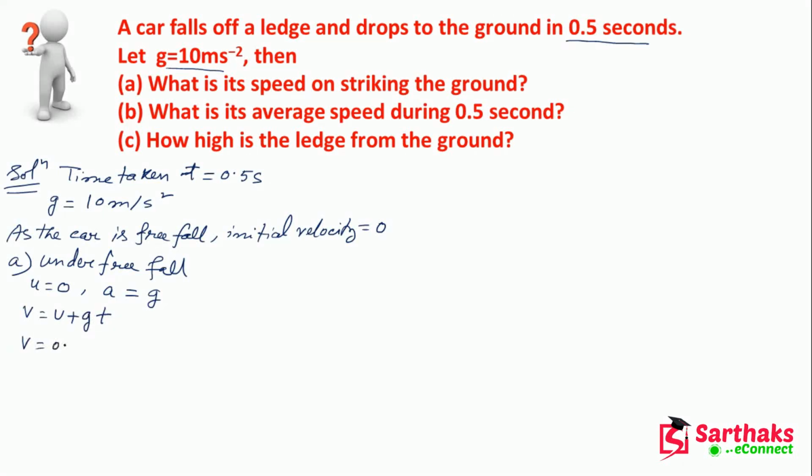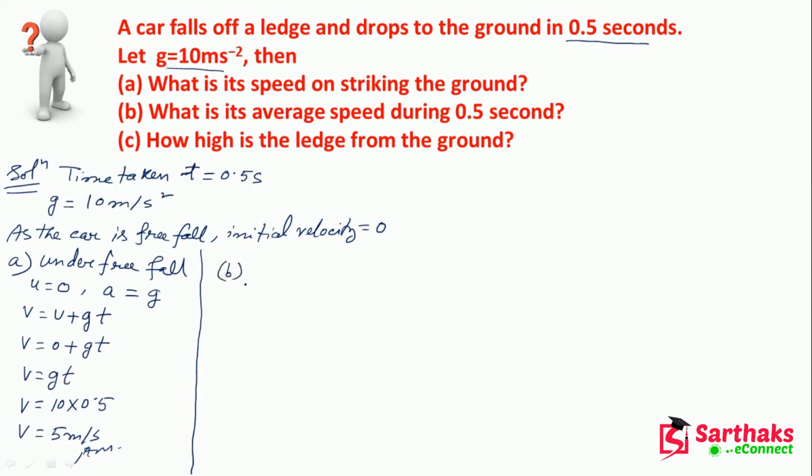Now v equals 0 plus gt, or v equals gt, or v equals 10 into 0.5, or v equals 5 meter per second. Okay, so this is one answer. Fine. So A is complete.